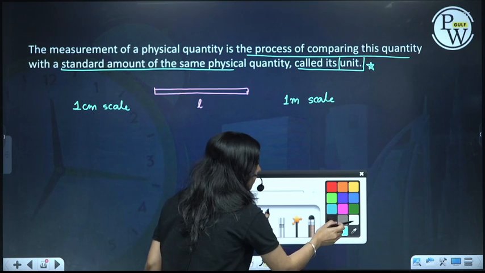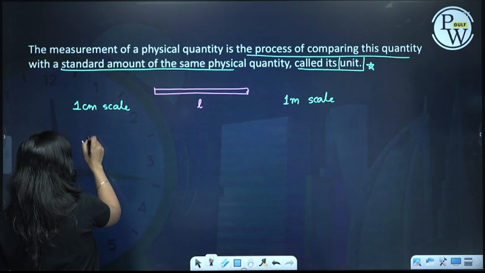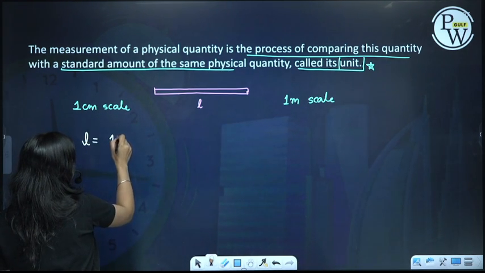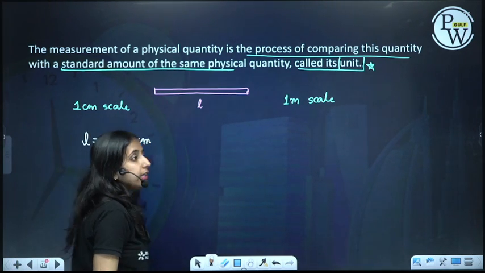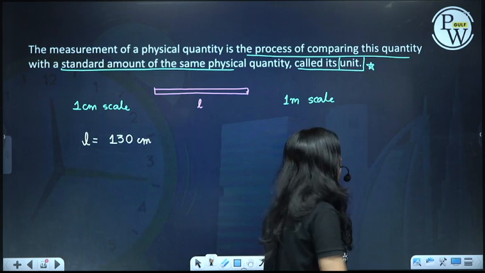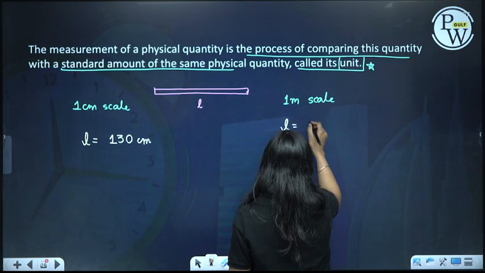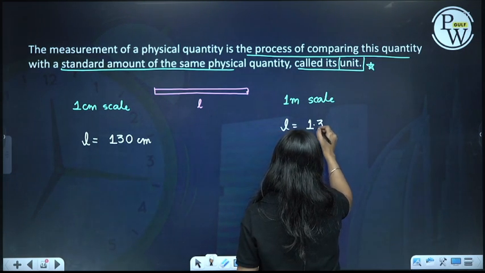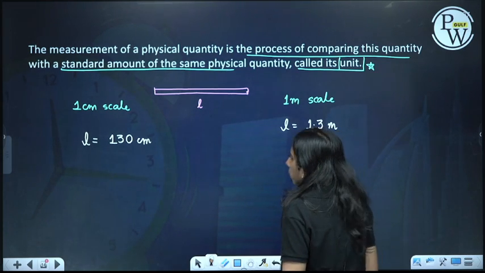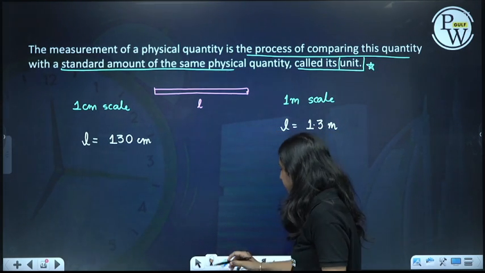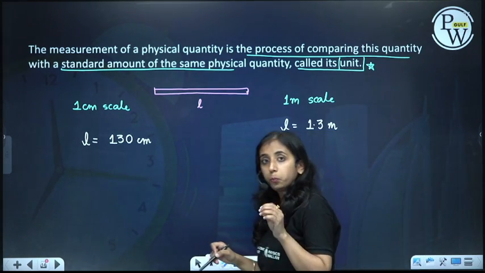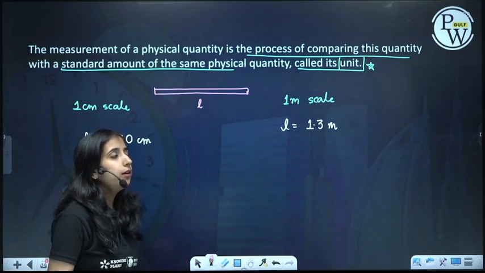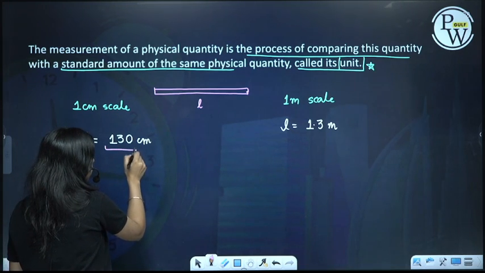Now see, when my first student measured the length of this rod, he tells me that it is 130 centimeters long, and the second student tells me it is 1.3 meters long. Now what does this 130 centimeters tell me?